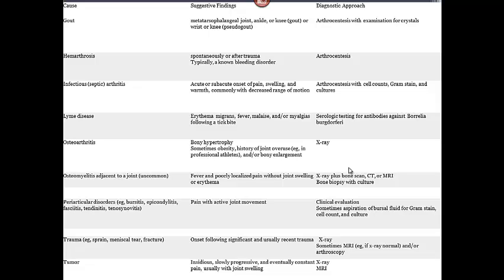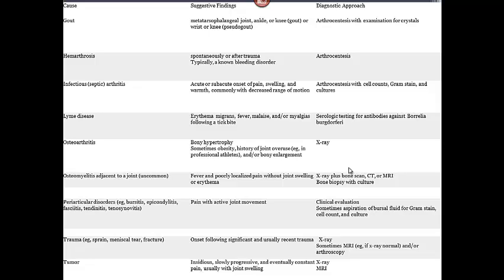So when you approach the patient with articular pain, you have to ask yourself, is this in one joint or several joints at the same time? Is it unilateral, bilateral? Is it symmetric? Is it associated with systemic manifestations?